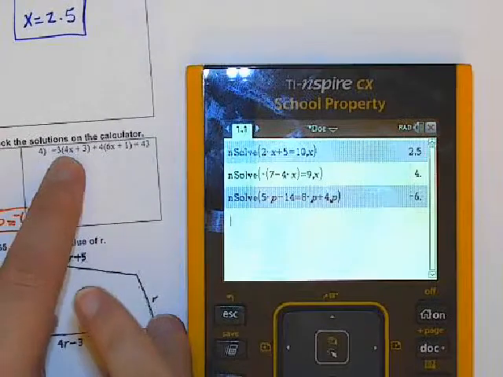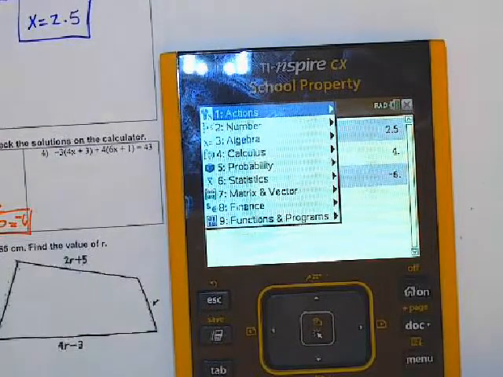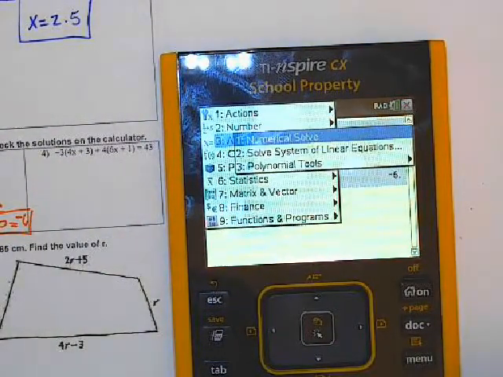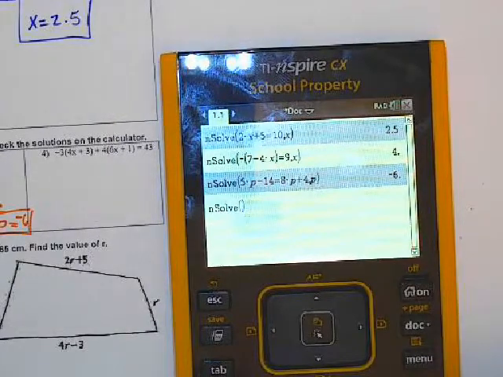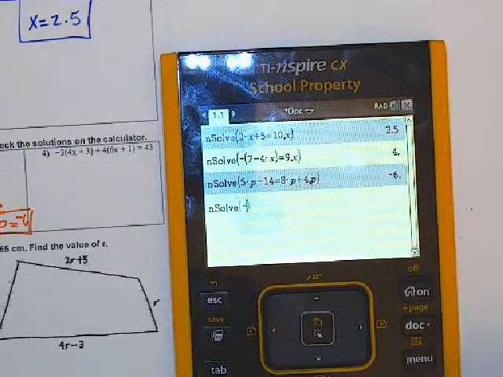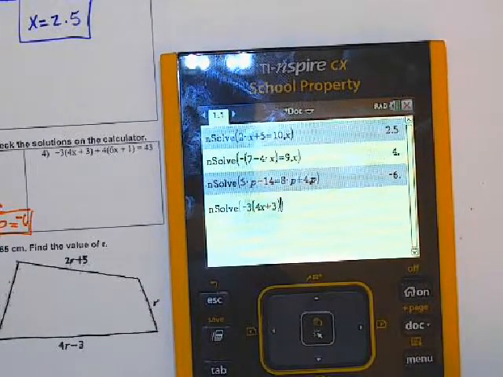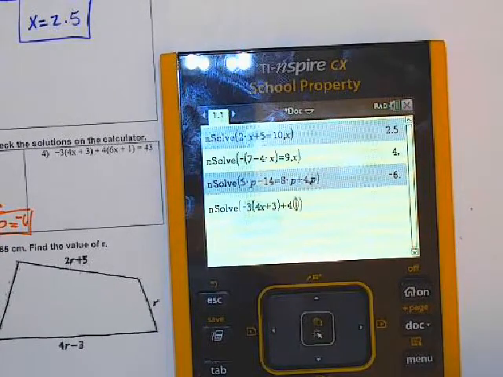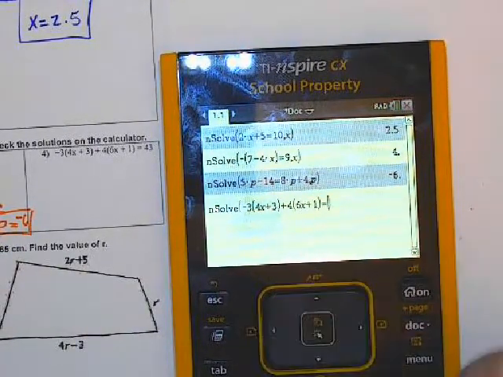Okay, so let's solve it. Menu. Do it with me. Algebra and solve. Menu 3-1. Negative 3, parentheses, 4x plus 3, close the parentheses, plus 4, parentheses, 6x plus 1, close parentheses, equals 43.